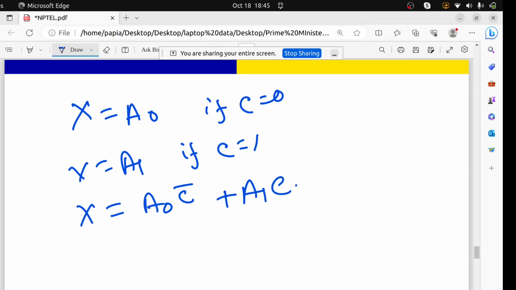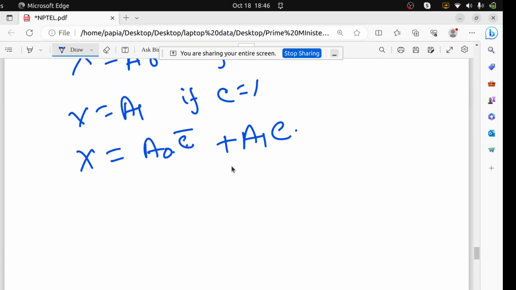Let me see C equals 0. If C equals 0, then the A1 C term will be 0, and C bar will be 1, and with the 1 there, it will be A0. So if C is 0, X will be A0. Now come to C equal to 1. If C is 1, then this term will be there and the A0 C bar term will vanish because C bar becomes 0. So X will be A1 for C equals 1.